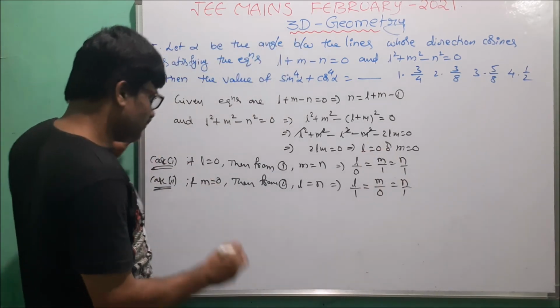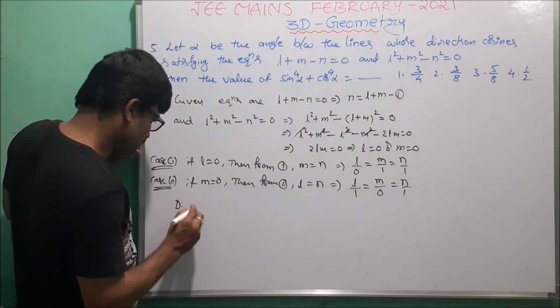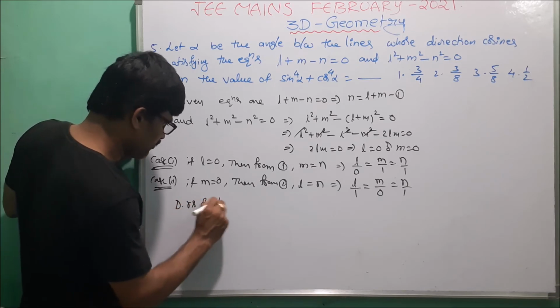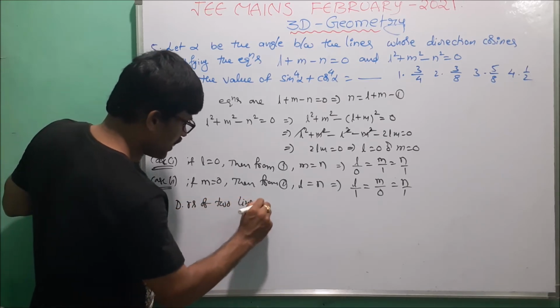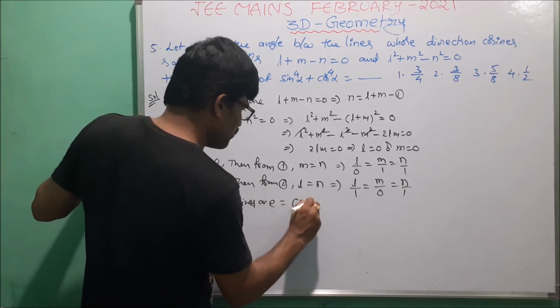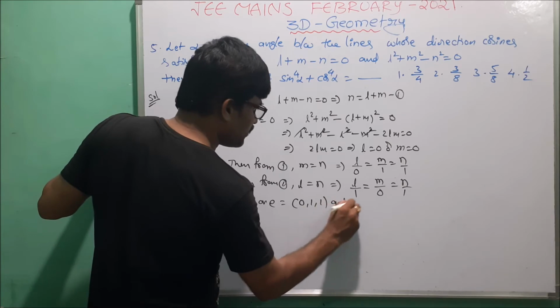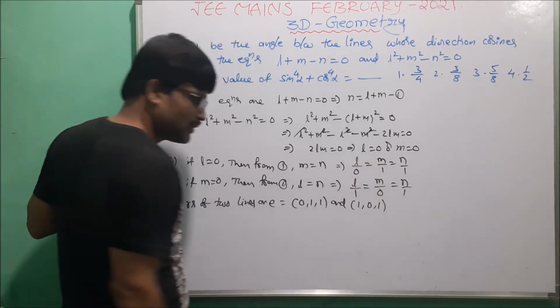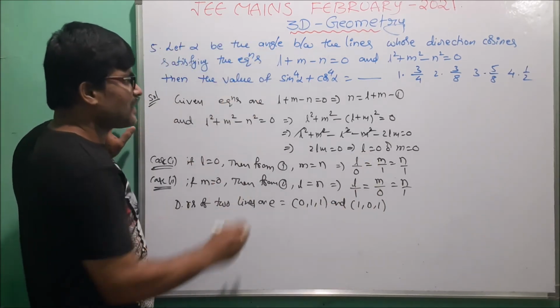Now we have the direction ratios of the two lines: 0, 1, 1 and 1, 0, 1. Here alpha is the angle between the lines.